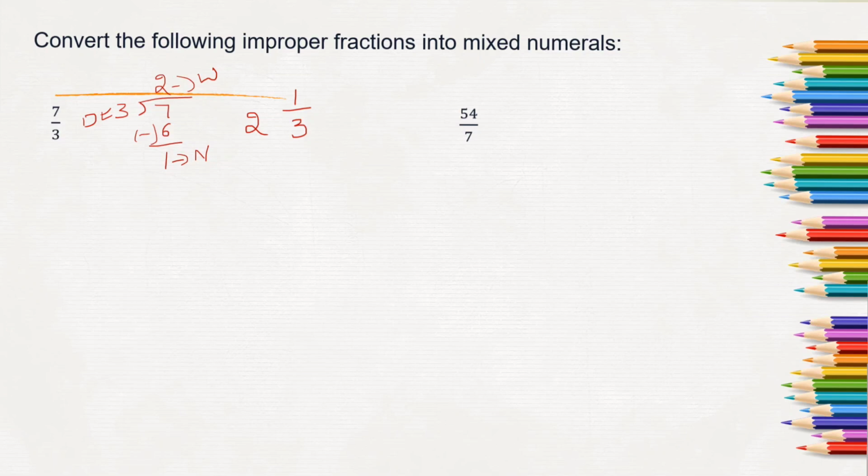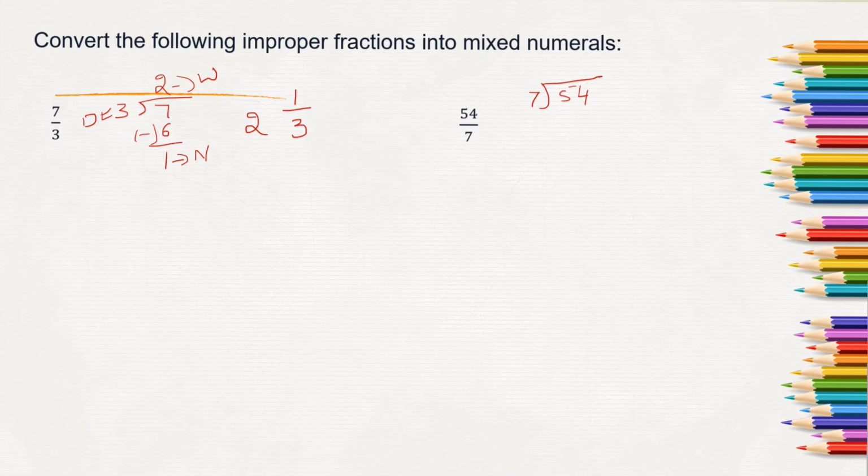Similarly 54 by 7. So we'll have to divide 54 by 7. So here 7 times 7 is 49. 7 eights will be 56.